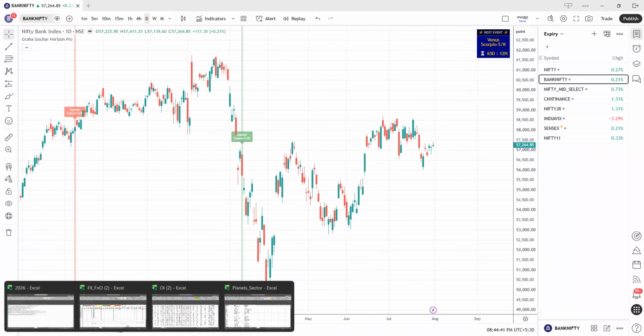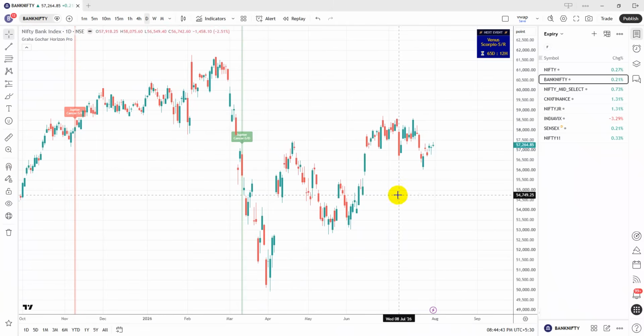Now, what are the planets going retrograde and direct in the coming months? Let me quickly show you that for the remainder of 2026. From August, September, October, November, let me share for two months, August and September.